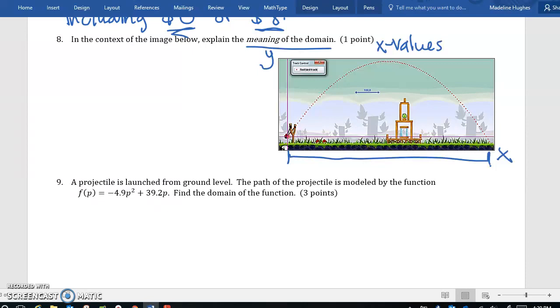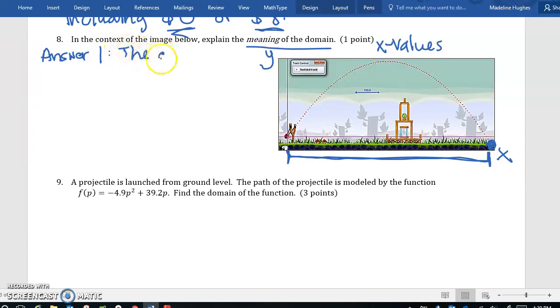There's a couple of things that this could mean. If you launch an Angry Bird starting right here, and it goes all the way over here, we know that it's going to land right there. So there's answer number 1. Answer 1 could be that it's the distance the Angry Bird travels until it hits the ground. From the slingshot until it hits the ground, it could be the distance.